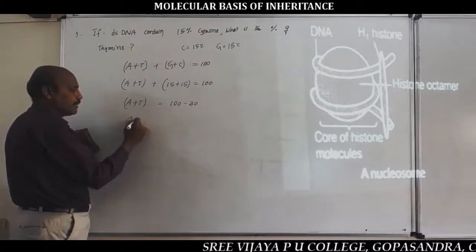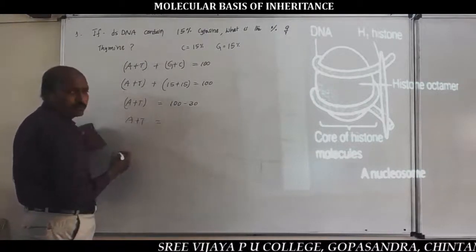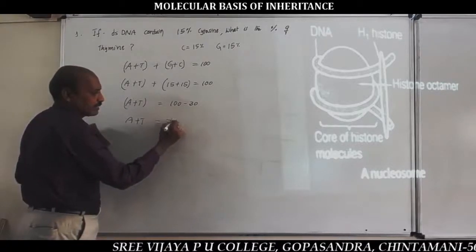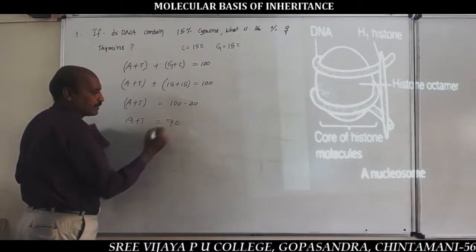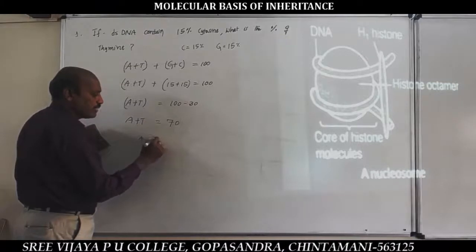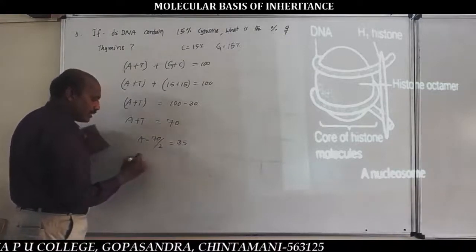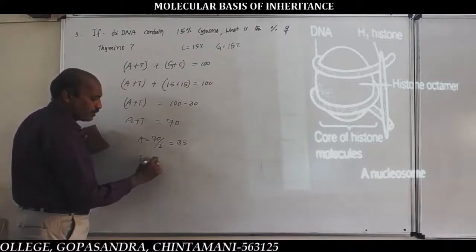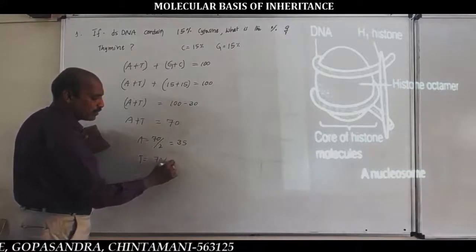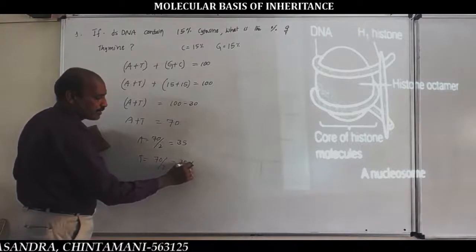Here A plus T equals 70. A equals 70 by 2, that is 35, and T equals 70 by 2 equals 35%.